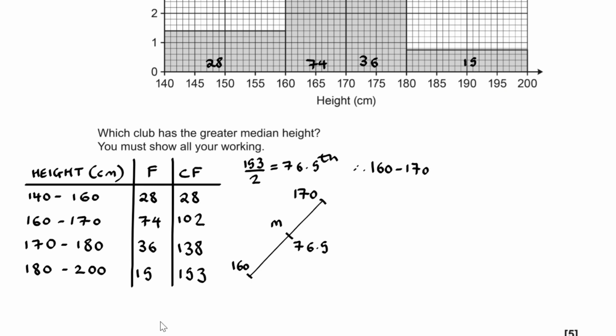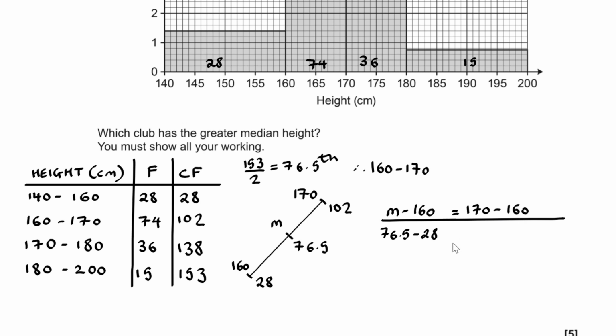And what you can also see is there's 28 people with a height of 160 or less, and there's 102 people with a height of 170 or less. And if we consider the gradient of a straight line, we've got here m take away 160 over 76.5 take 28. This is of course equal to 170 take 160 over 102 take 28.